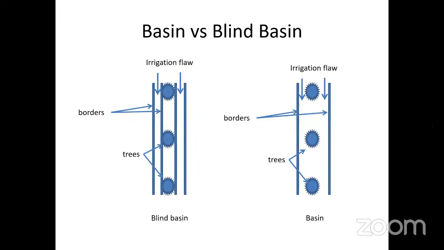Yes, this one. The blind basin is a modification of the basin to overcome its disadvantages. In the blind one, the tree trunk does not touch the water at all, while the water is delivered in the effective root zone. I hope I have answered that.